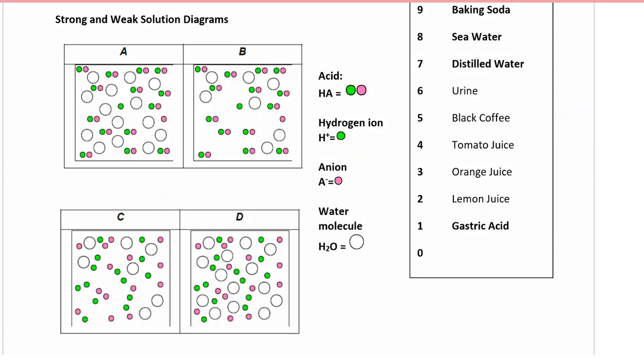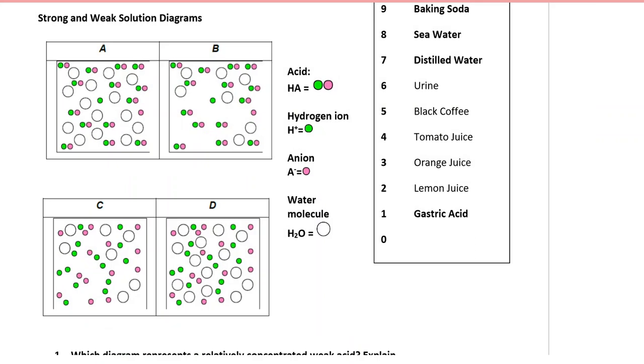So I have a few particulate diagrams here showing strong and weak solutions. Again, we're looking at acids, but this would also apply to bases. So how do you tell if something is strong or weak? The little white circles are representing the water molecules, while the colored circles are representing hydrogen ions and anions.